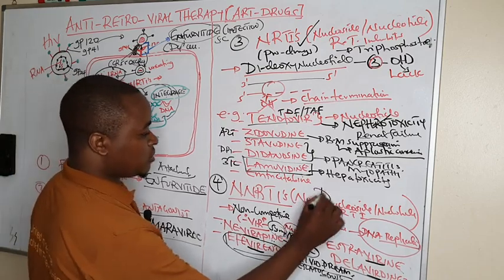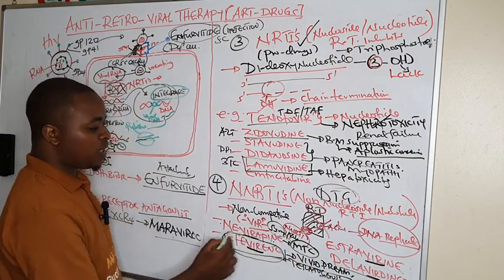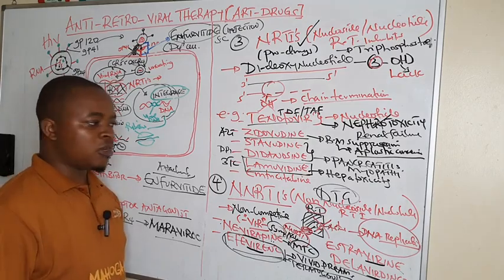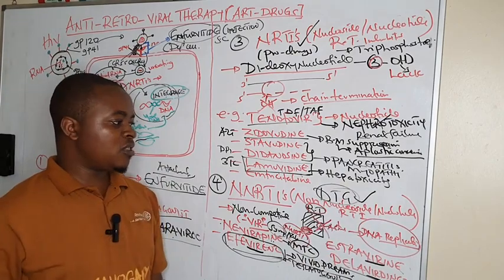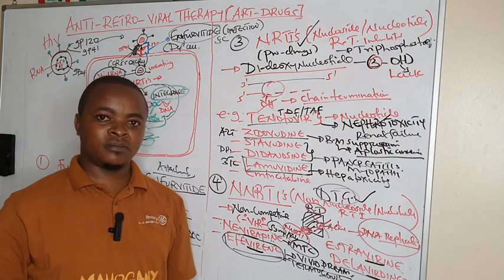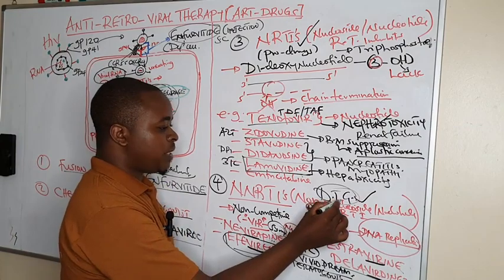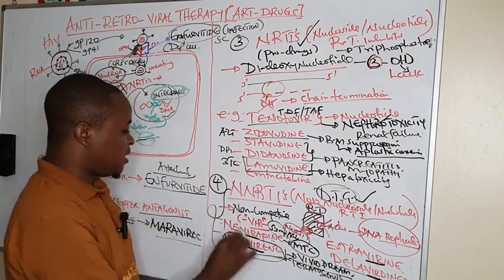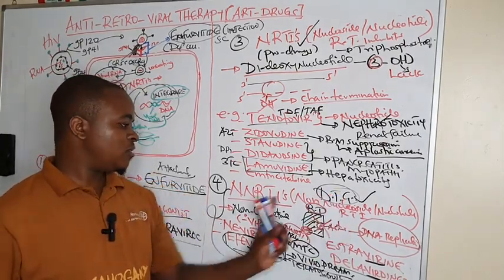So DTG has replaced all the NRTIs because it is more effective than these drugs. Though you cannot give DTG to hyperglycemic patients. But if someone is not diabetic, DTG is better than these NRTIs because it is very effective.